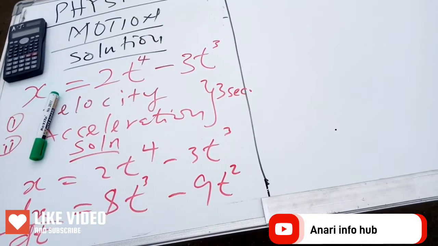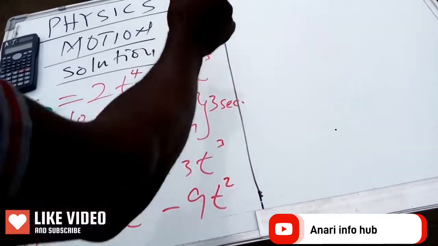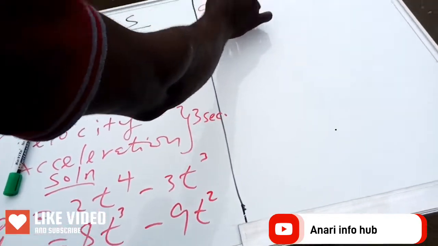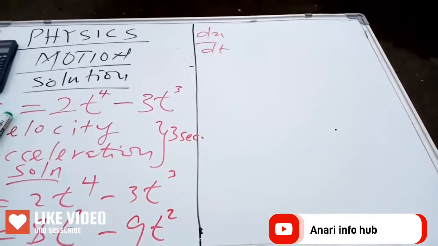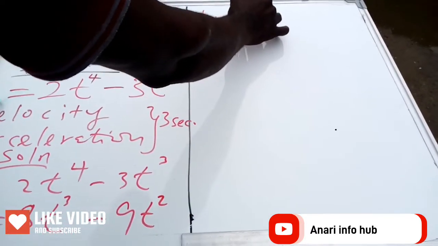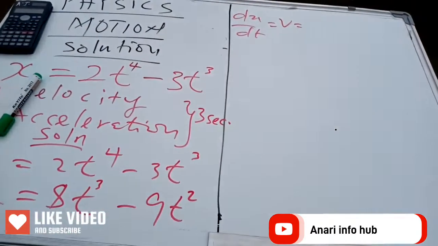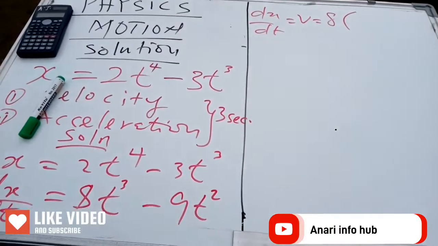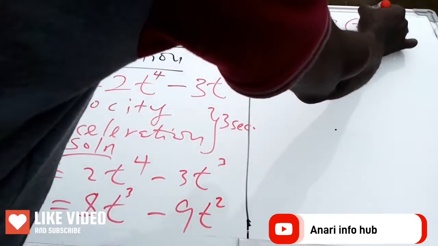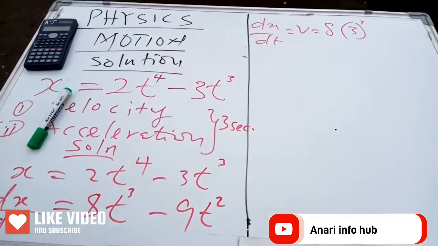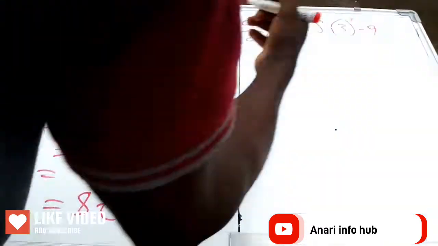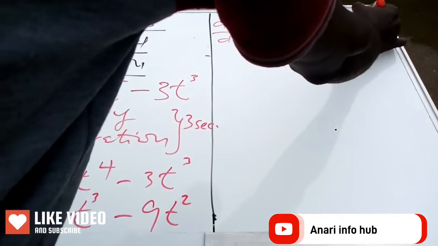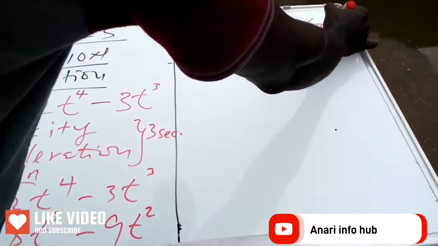This means that ds/dt, which is the same thing as our velocity, is equal to 8 times 3 raised to power 3, minus 9 times 3 raised to power 2.